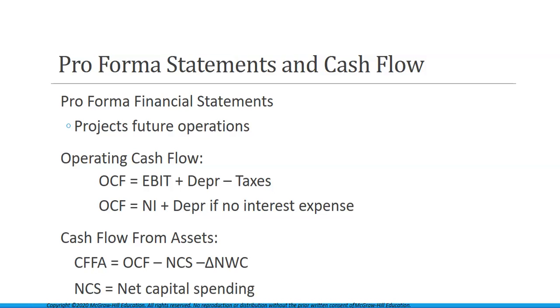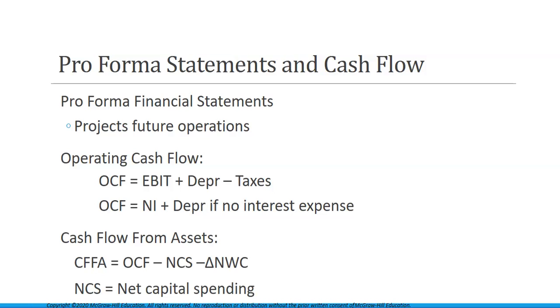We make a pro forma income statement where we put all of the various costs and revenues for the project, and that helps us come to our operating cash flow. Remember from chapters 1 and 2 that operating cash flow equals earnings before interest and taxes plus depreciation minus taxes, or it's just net income plus depreciation if there's no interest expense.